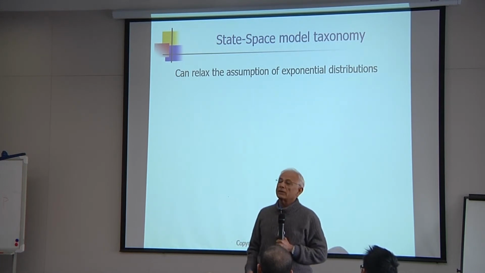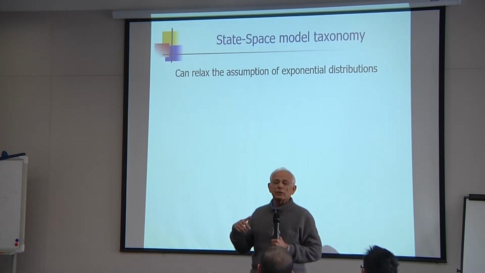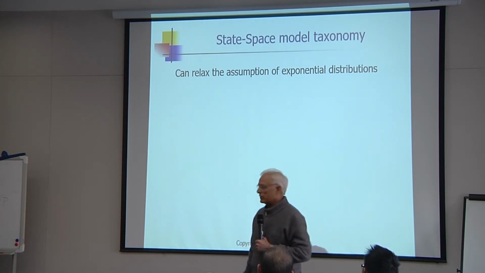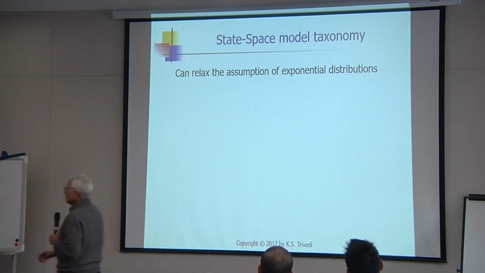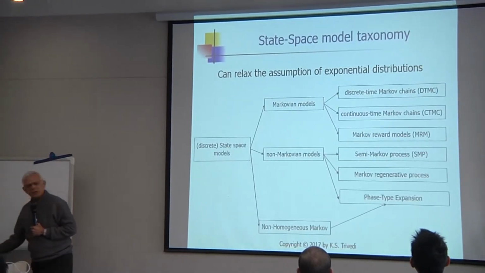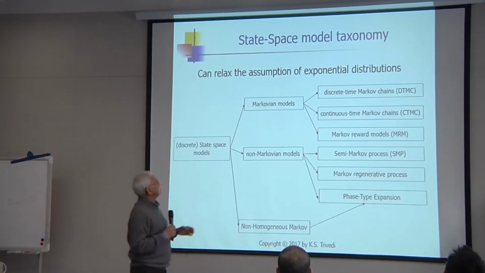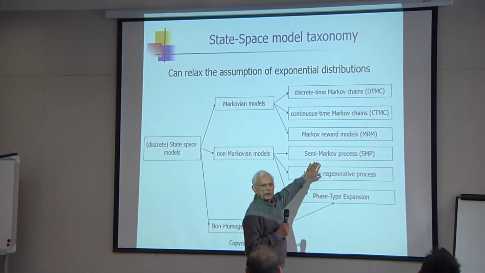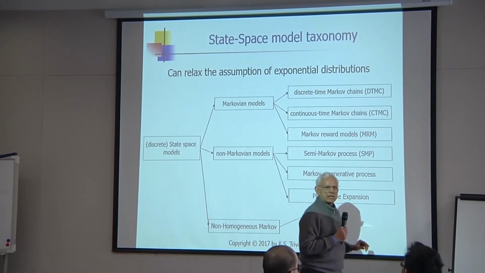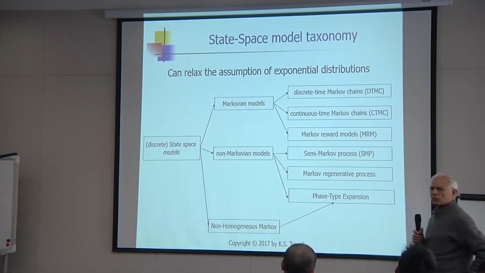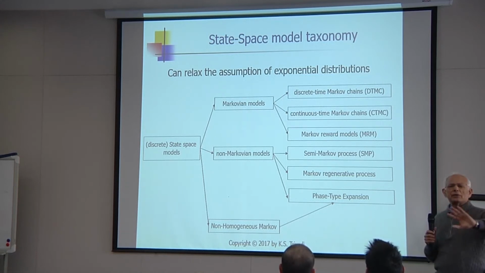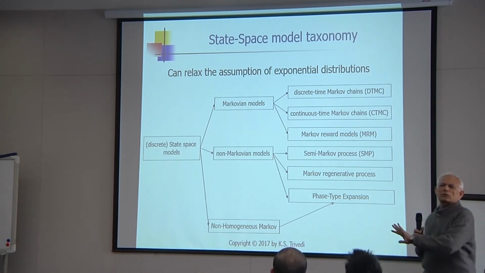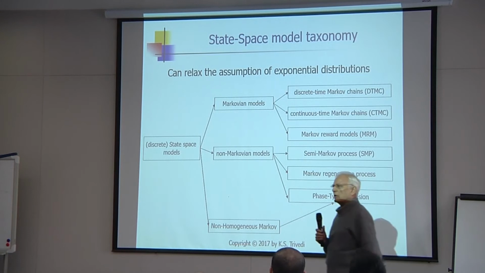So a lot of people question that: you're using all this, but you're assuming exponential distribution. Well, if you have more information, I can solve the problem. There's no big deal. You can use semi-Markov processes, Markov regenerative processes, phase type expansion, non-homogeneous Markov chains. So don't despair. If you need to, we can solve the problem with a little more effort.